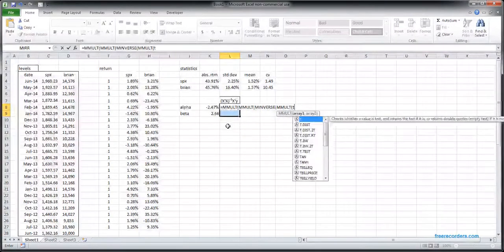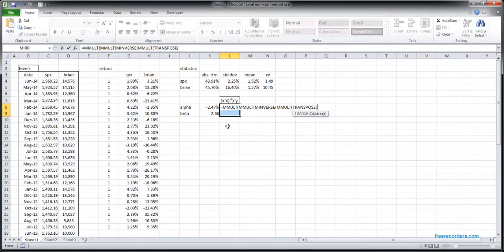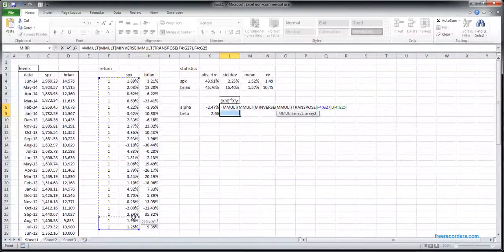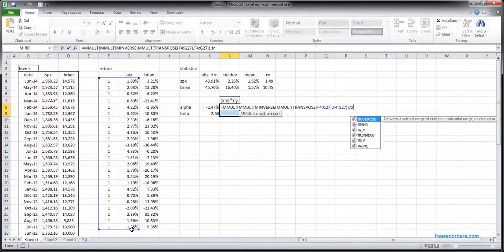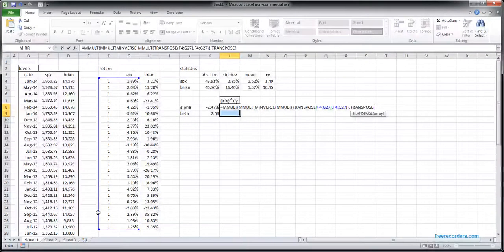MMULT, and then we take the transpose, and you'll notice we added this range of ones, and that just makes it so that our matrix algebra will work properly. Once again, do the transpose of that.